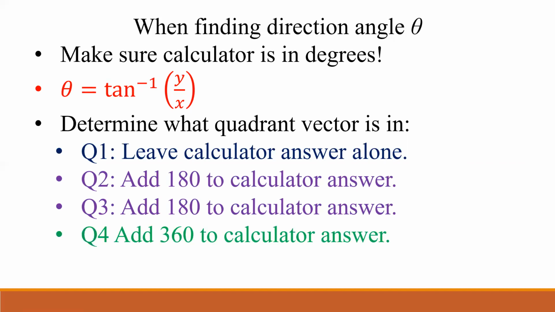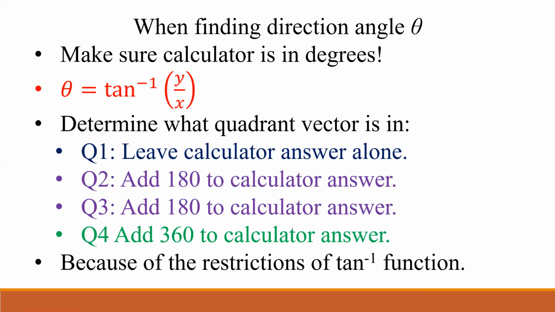And then if you're in quadrant 4, like the one we just saw, you're going to add 360 to the calculator answer. Okay? And again, that just goes back to what the restrictions of the tangent function are for the inverse trig functions. So find your vector, know what quadrant it's in, and then follow that along.